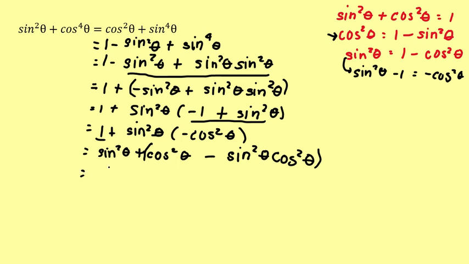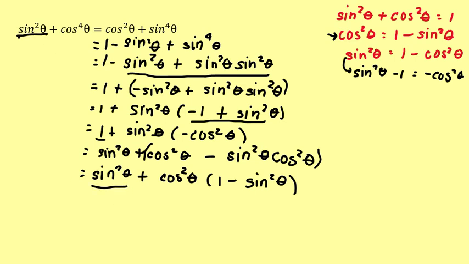Let's do that. So sine squared theta plus the common factor cosine squared theta times 1 minus sine squared theta. I think I'm making sense because I can see sine squared theta already here.